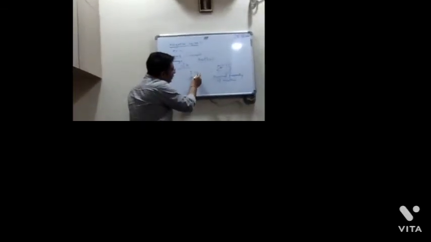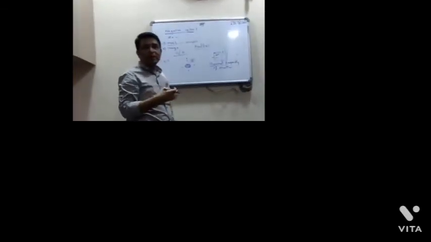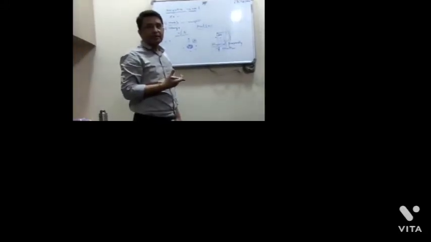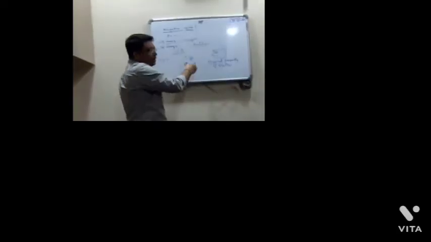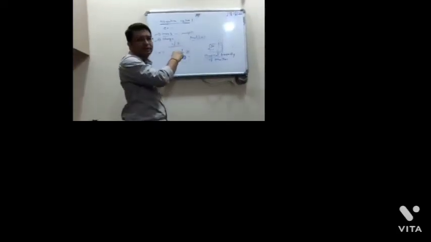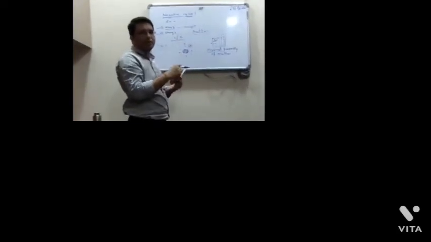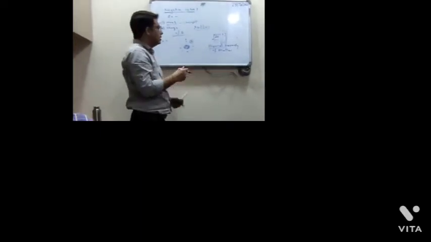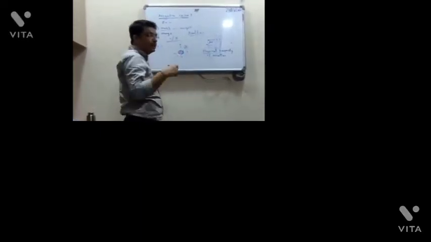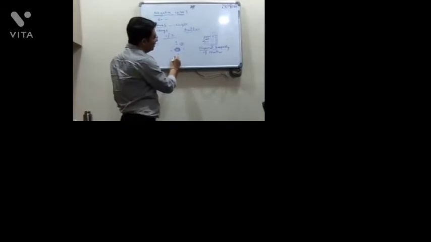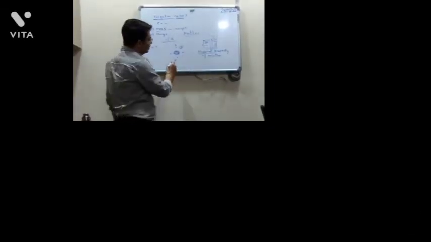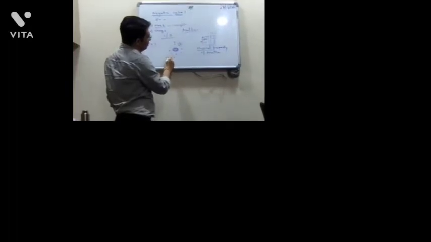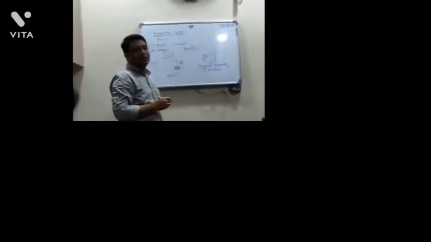These are also particles, right? And these are moving around this nucleus. There is another particle which we call a neutron. Three particles: electron, proton, and neutron.